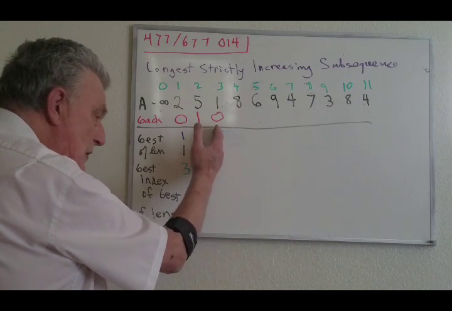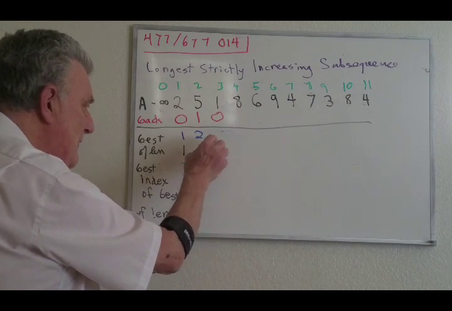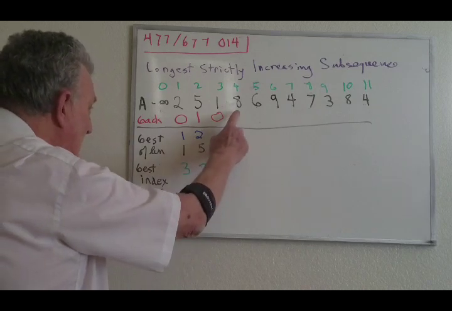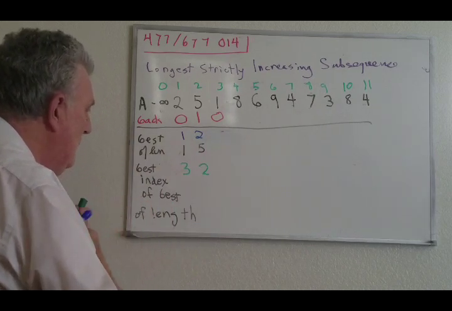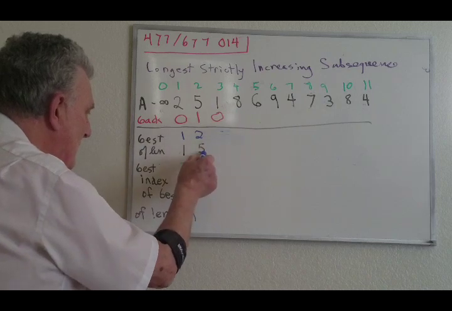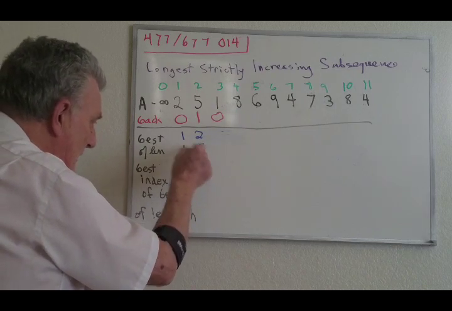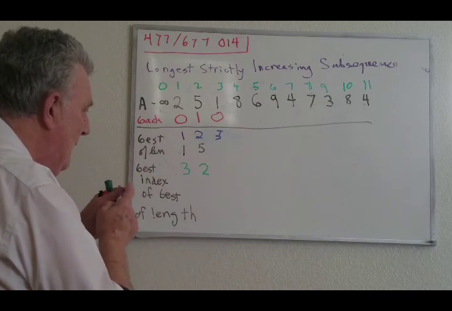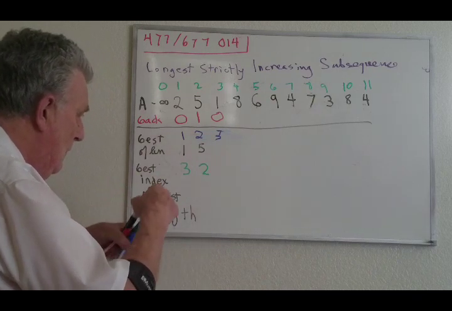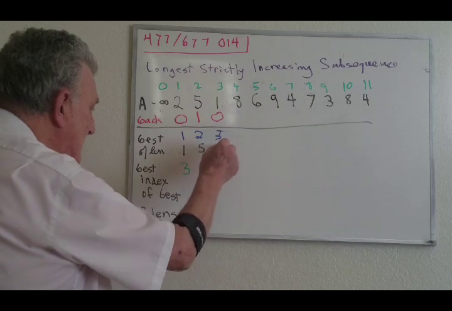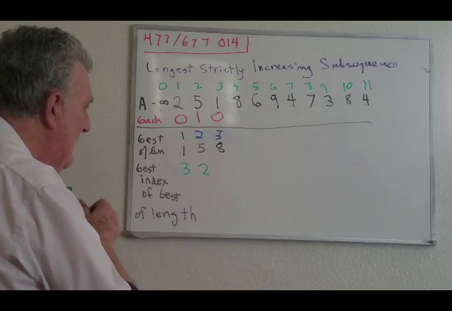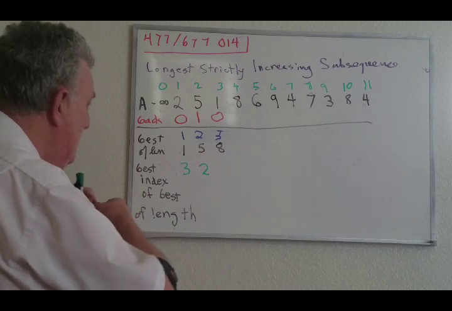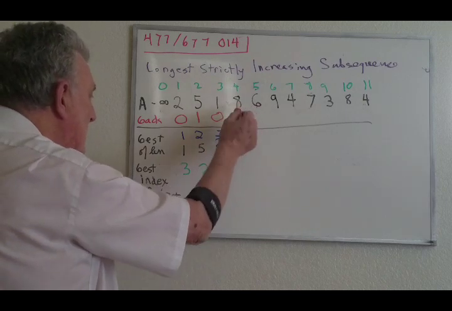Notice that there's no third column here, because we haven't yet found a subsequence of length 3. However, the 8, now, when we go to this, we discover that we can slap it on the 5. So we now get a subsequence of length 3, where the third element is 8. And the back pointer is to position 2, which is this 5.